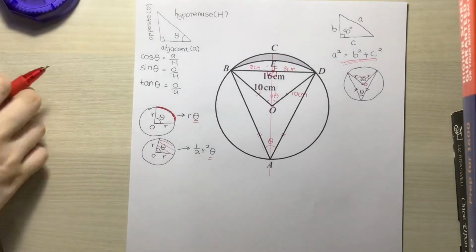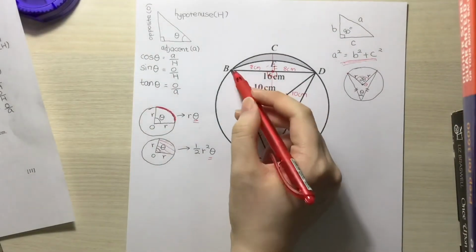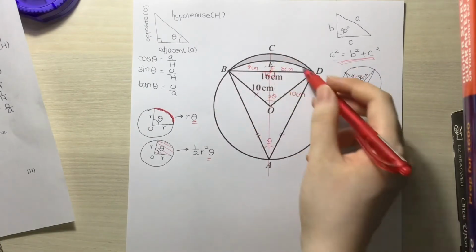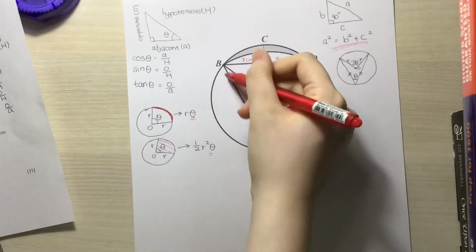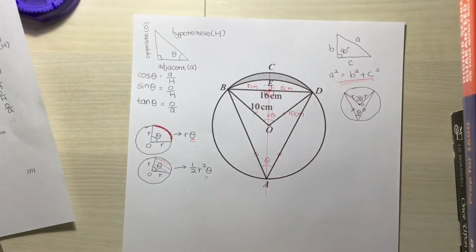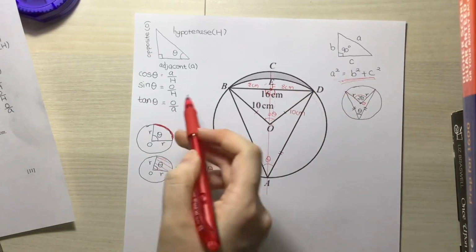And then for part 2, you are supposed to find the perimeter. Again, the perimeter here is the circumference of this circle with radius 10. So easily, after you know the length of this right angle triangle, you might want to try to find the angle using this formula.